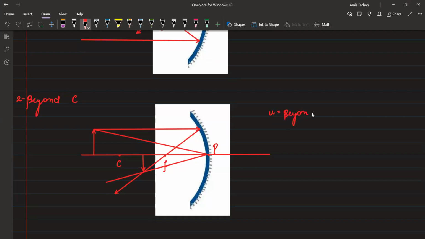Between C and F. Yes, it is correct. Beyond C, and image is between C and F. Let me write this a little lower so that it is not congested. Image is between C and F. Okay. Nature.